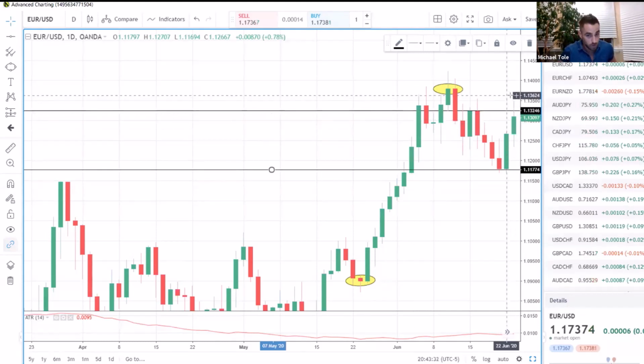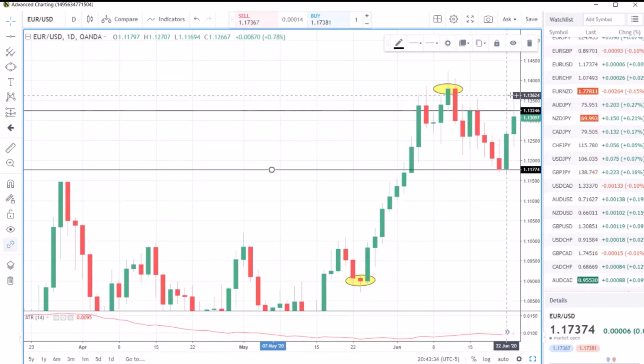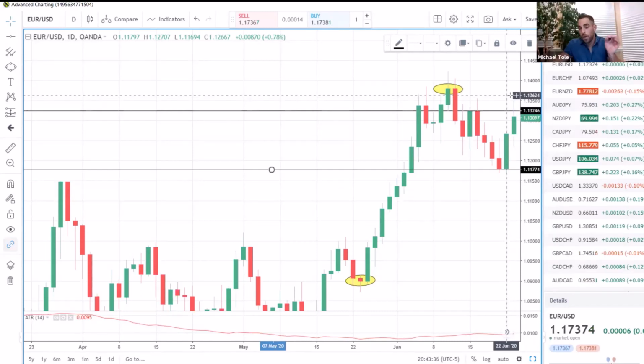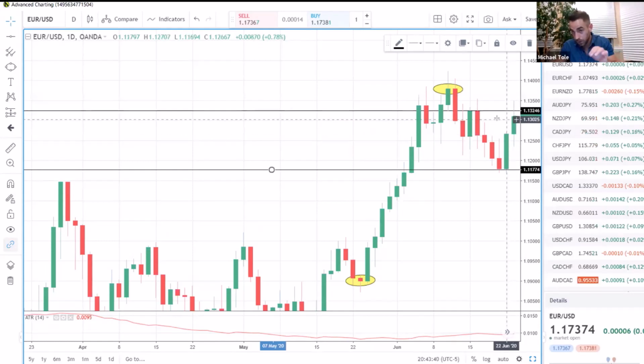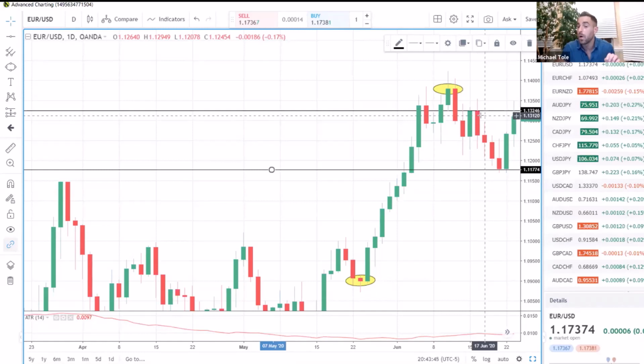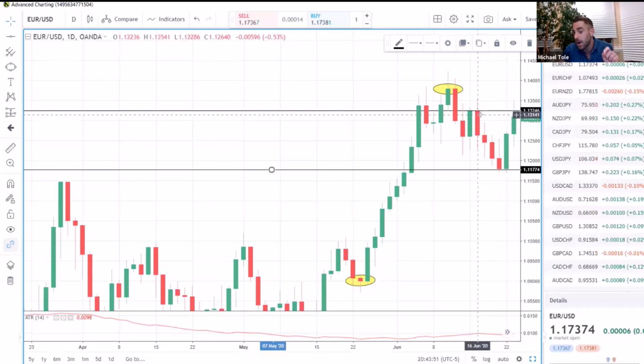You might still identify a zone and take it short, and it can very well work. But there is a stronger possibility of it not working because it violated the top of the anchor.